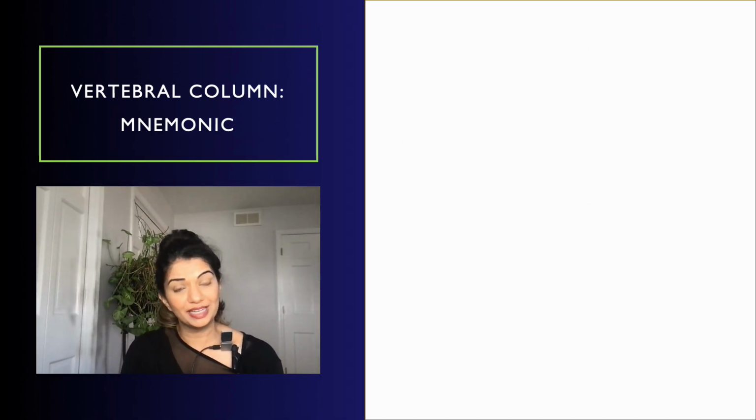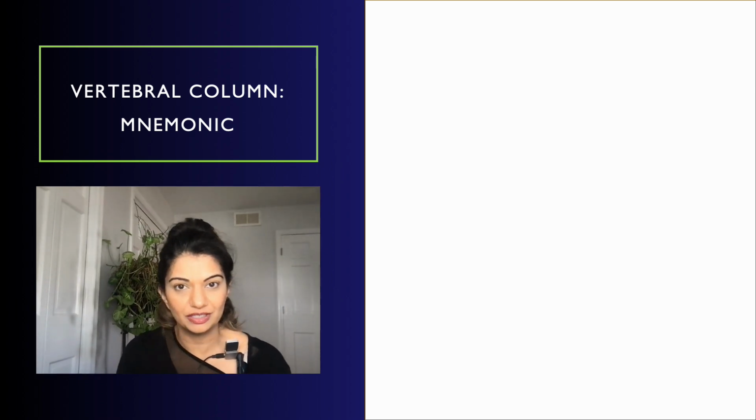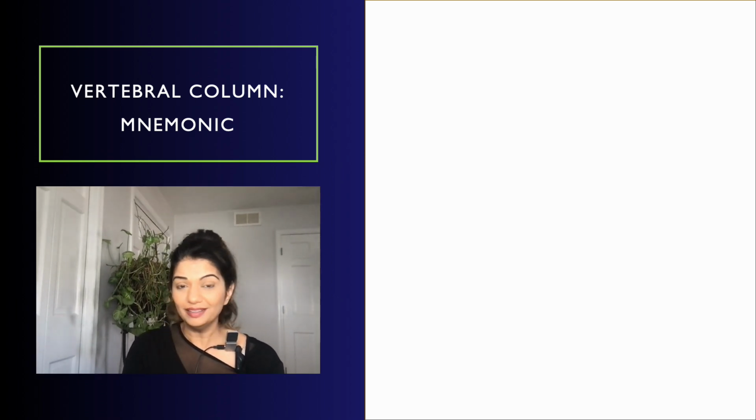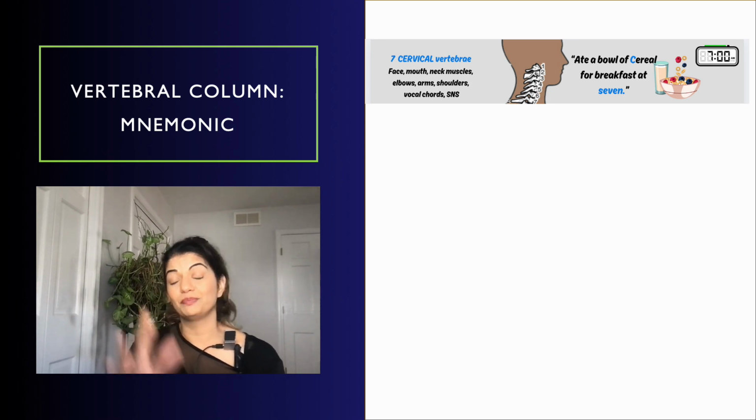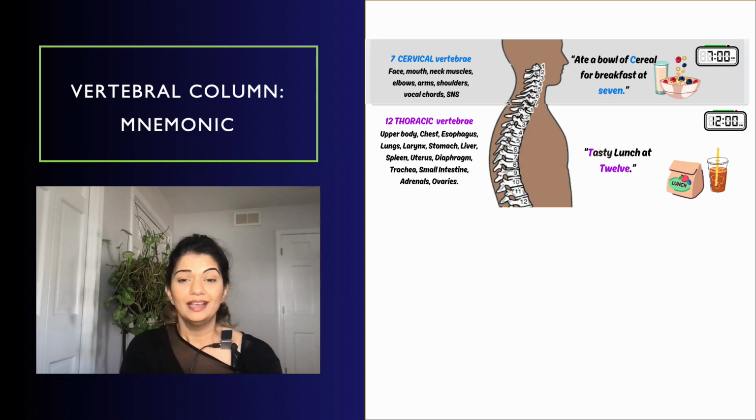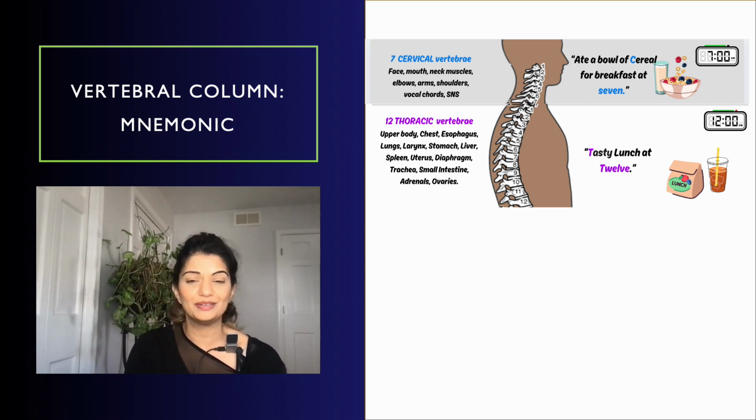Well, you might be wondering, how am I supposed to remember these regions of the vertebral column? Well, of course, we've got a mnemonic for you. So the first part is, ate a bowl of cereal for breakfast at 7. So that's your C7, 1 to 7, which will be your cervical vertebrae. And then we've got tasty lunch at 12, which basically means thoracic vertebrae, and there's 12 of those.